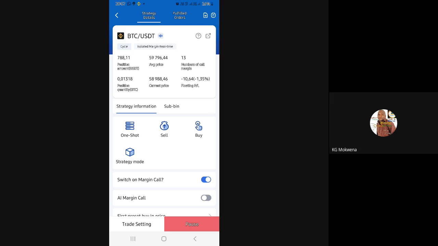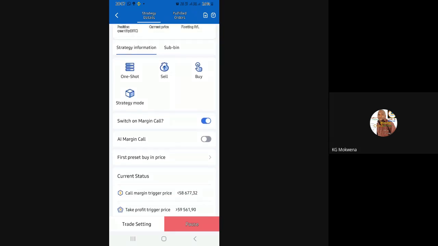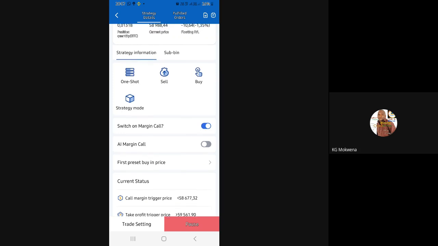Let's go down to current status. It's going to give us the take profit trigger price. Just go down a bit on this transaction page. There it is. Take profit trigger price is $59,561.90. At the moment it is 58,988.